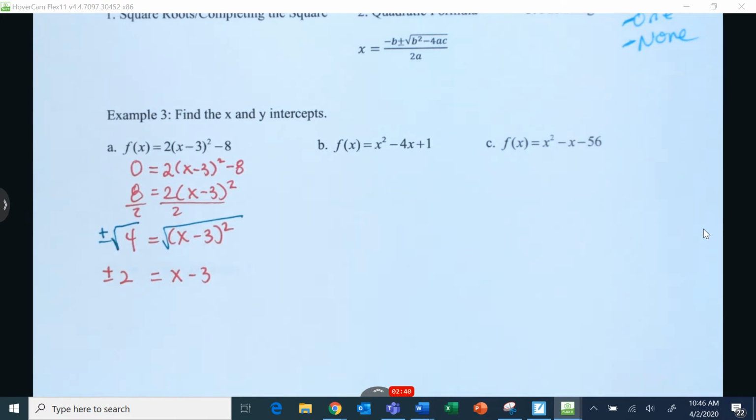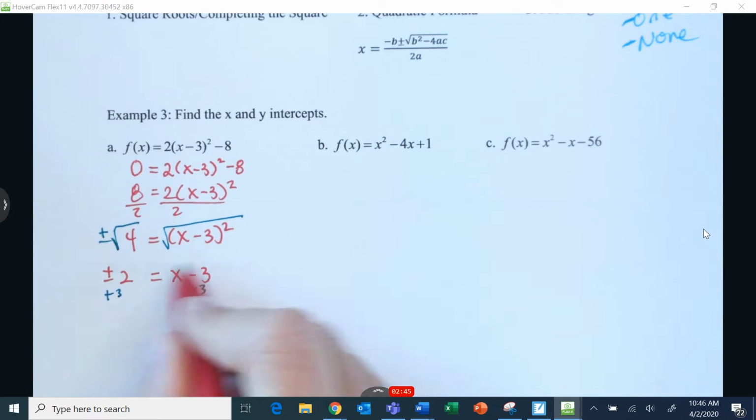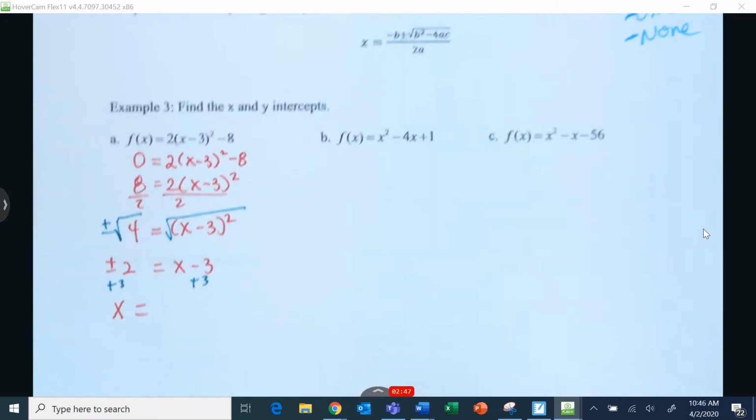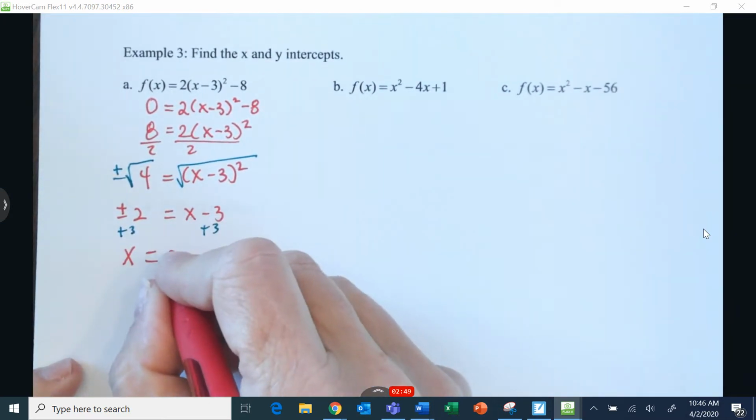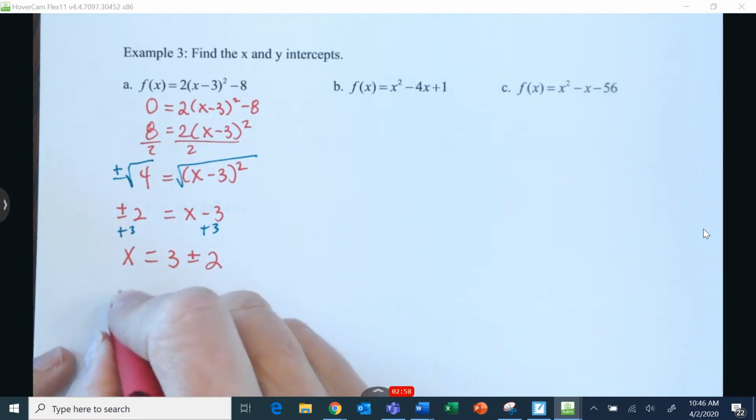So now I'm going to add 3 to both sides. I'm also going to rearrange this. I like when x is on this side. I can't help it. So I'm going to have 3 plus or minus 2. Now I can add 3 plus 2 and I can subtract 3 minus 2. So I am going to find both of those.